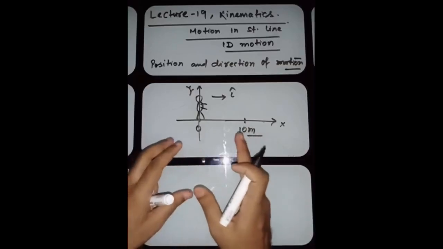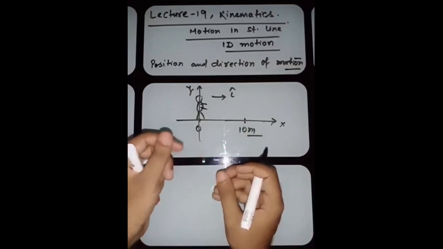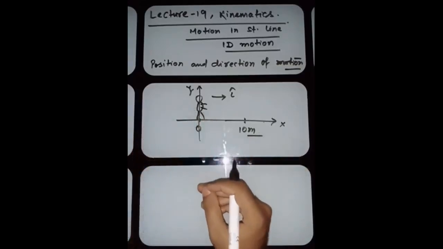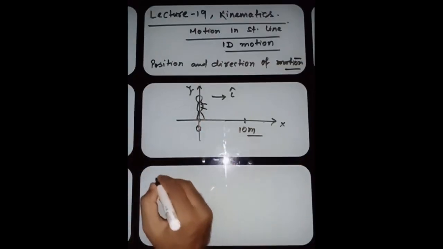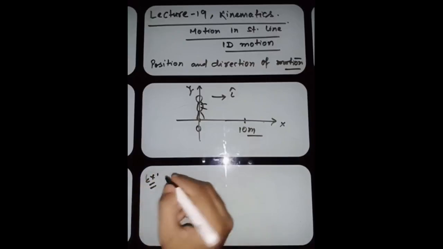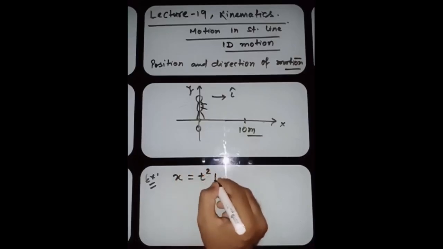Remember, this is the starting of the question that we will study using differentiation and integration. You must pay proper attention here. One example: suppose I am writing an equation x equals t square plus 1.